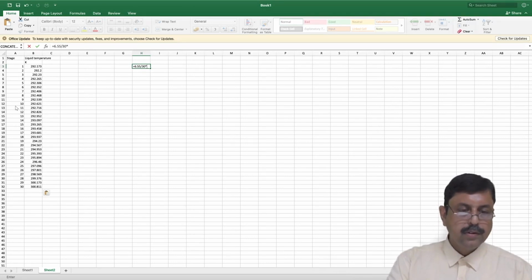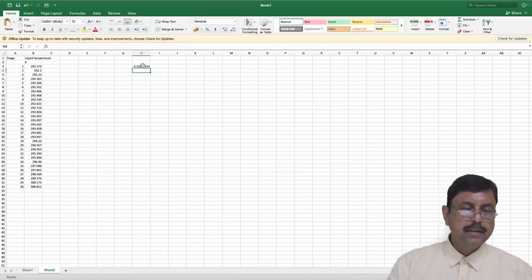So cumulatively, this into this is the length of stage 1. This is the length of stage 1 and 2 together. This is the length of stage 1, 2, 3 all together.